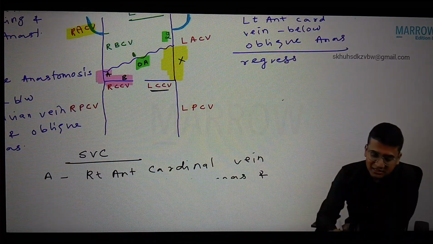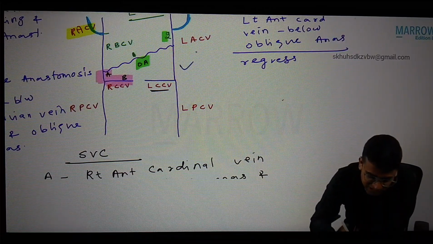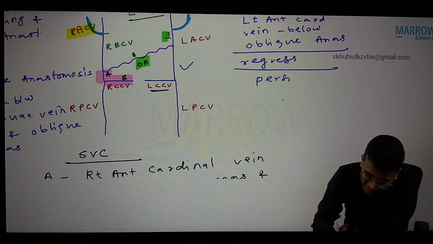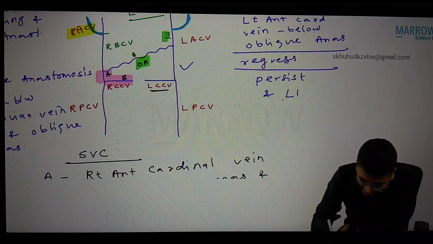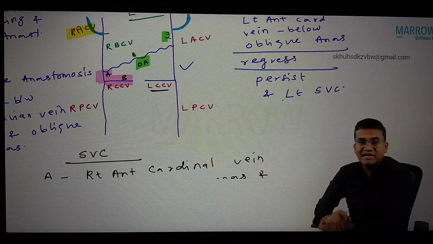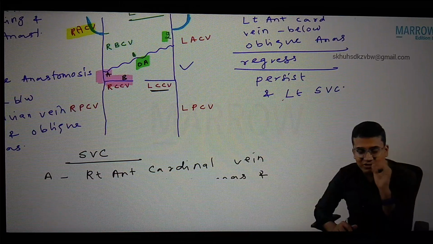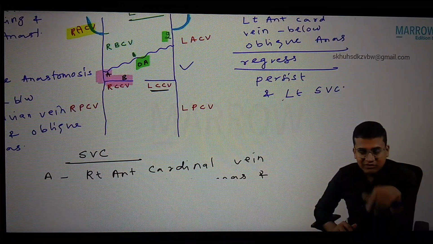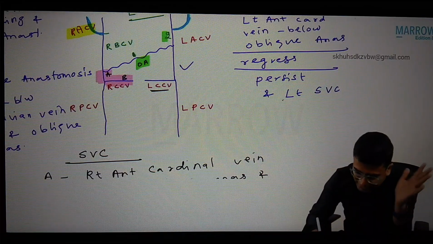Very rarely, the left anterior cardinal vein below the oblique anastomosis persists. In some babies, rarely, it may persist and form the left side superior vena cava. Now the baby has two vena cava, right and left superior vena cava. Again, this condition is seen very rarely, not a usual thing.